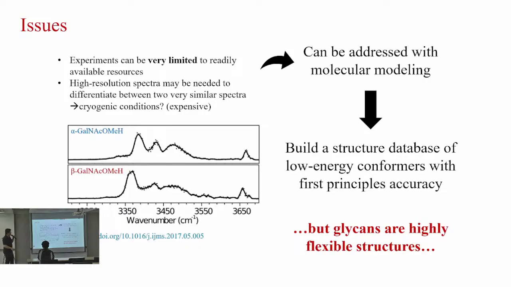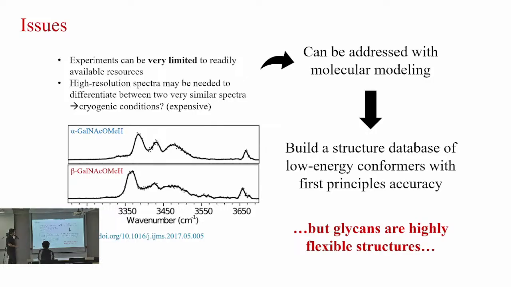And so it would be hard to test a sugar that needs to be synthesized first, right? The other thing is that if we really want to get really high resolution spectra, usually we go to cryogenic conditions, really cold conditions, so that we limit the number of conformers that we observe when we measure these IR spectra.